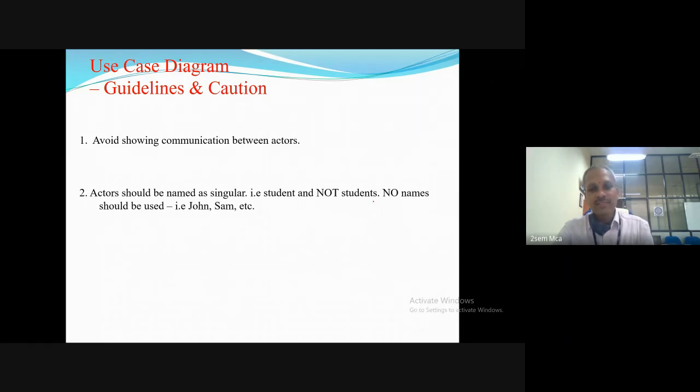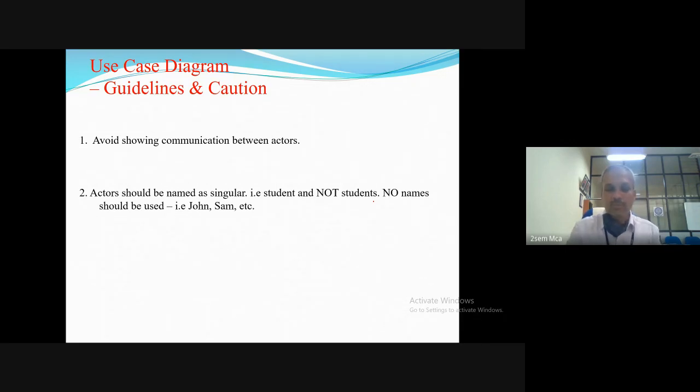Similarly, any use case that is there should have an associated actor, and no actor will be associated with another actor directly. Meaning that if I have a librarian and a student, both are actors. Librarian is an actor, student is an actor, but I cannot communicate directly with the student as a librarian. What I will do is communicate through the use case.